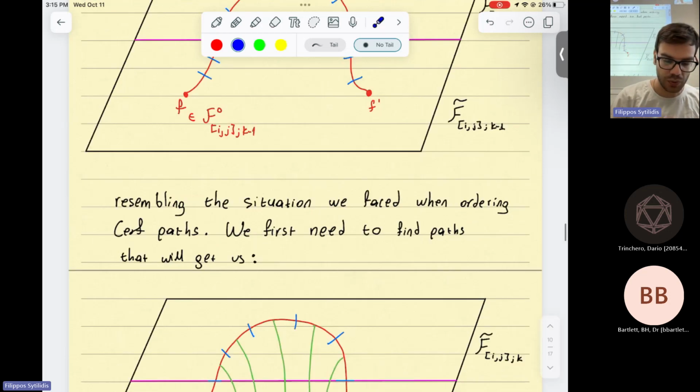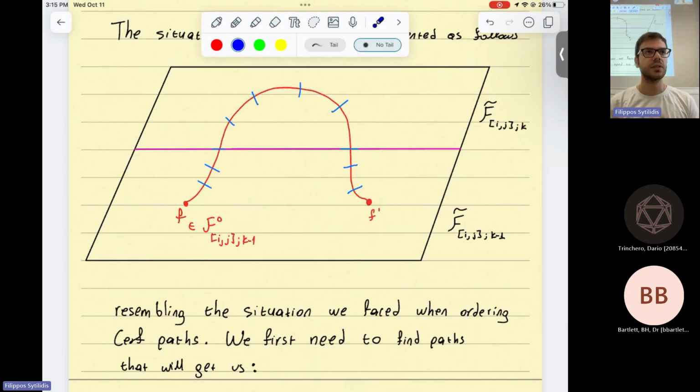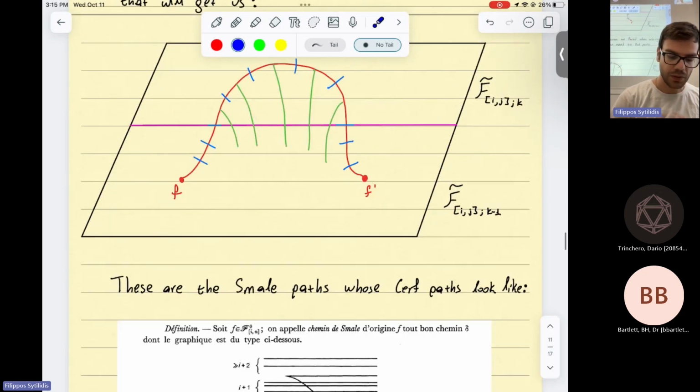Basically, I want to reduce this general case to a bunch of cases where I have at most one blue line in here, at most one codimension 1 phenomenon occurring. And so these paths, which take me from a point here to a point here, these green paths, are what I called in the beginning Smale paths.